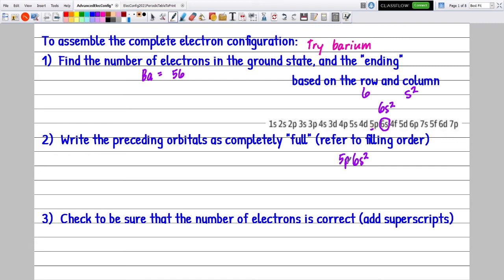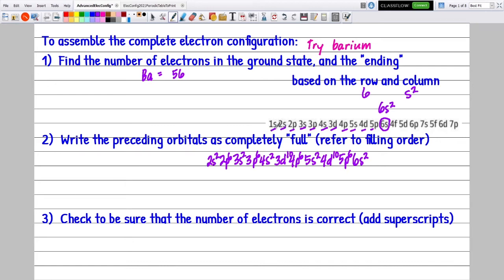5p filled at 6, 5p6. 4d filled at 10. 5s filled at 2. 4p filled at 6. 3d filled at 10. 4s filled at 2. 3p filled at 6. 3s filled at 2. 2p filled at 6. 2s filled at 2.